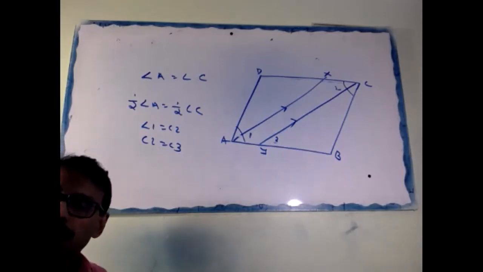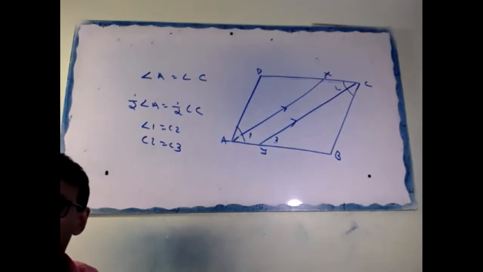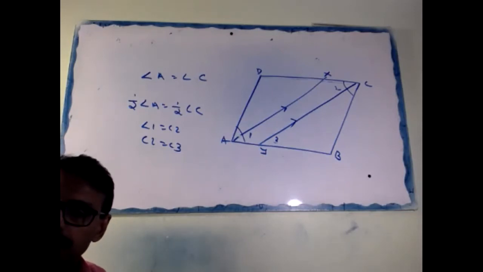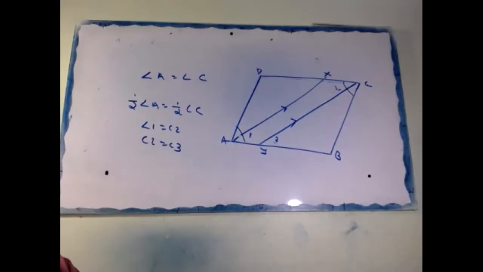Then, but angle 2 equals angle 3. Divya, listen, once again. Angle A equals angle C, opposite angles are equal. Half angle A equals half angle C, that is angle 1 equals angle 2.